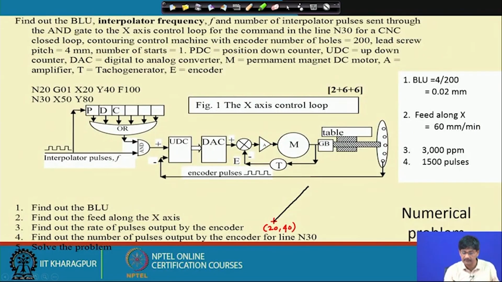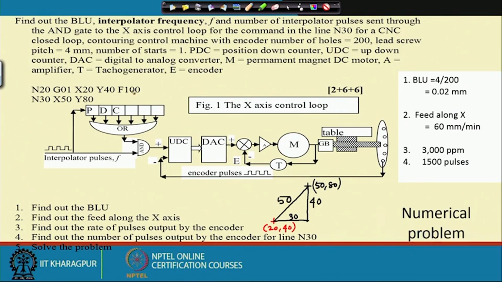Now, what is happening? Yes, 50, 80. So, we can easily compute these distances. 20 to 50, 30; 40 to 80, 40. So, this must be 40 and therefore, this must be 50. So, that means the feed of 100 millimeters is along this path.